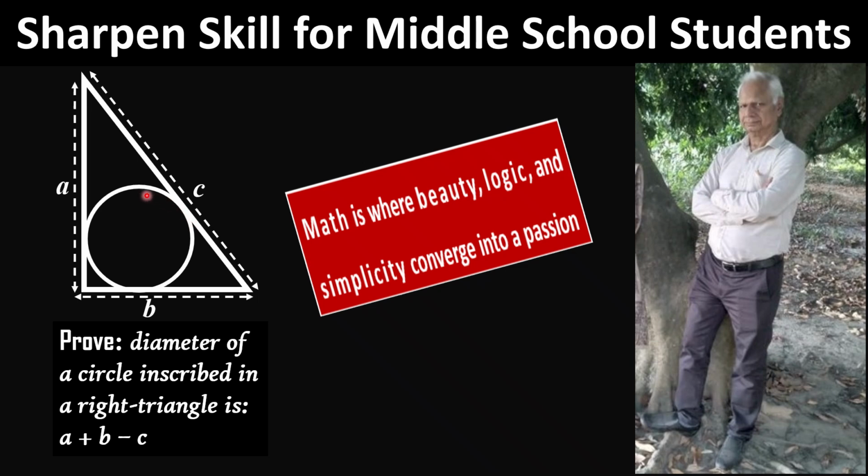You have to prove that the diameter of the circle inscribed in a right angle triangle is A plus B minus C, that is, altitude plus base minus hypotenuse. This is what we have to prove.